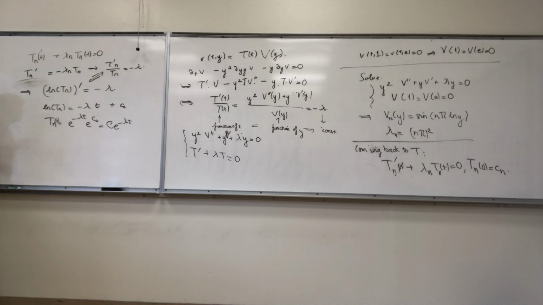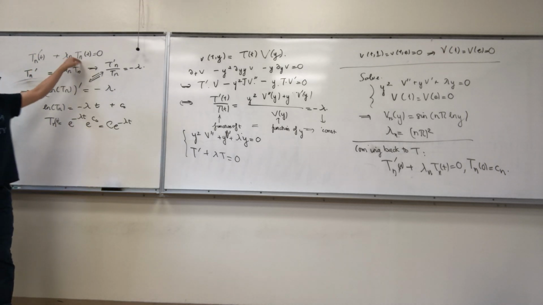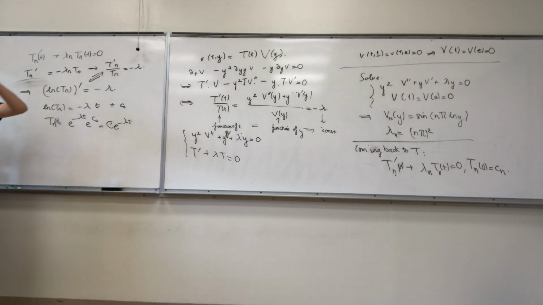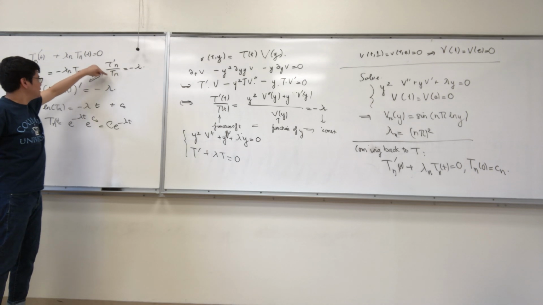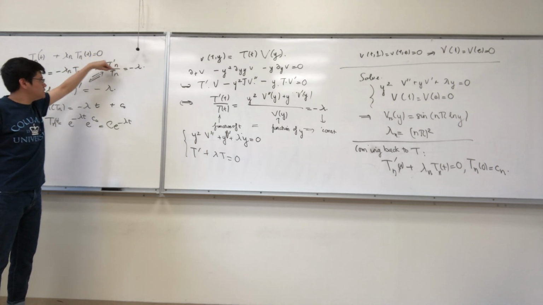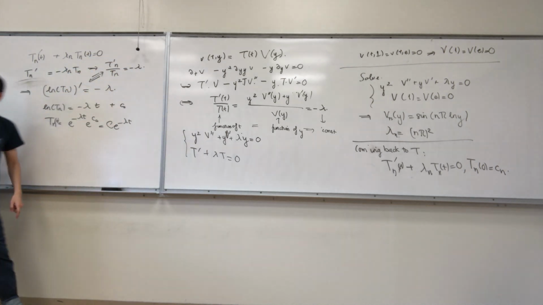All right? So I have T n prime plus lambda n T n is 0. This is a first order differential equation, and we solved it several times in our class. So you have T prime is minus lambda n T n. You divide both sides by T n. So you have T prime over T is minus lambda, right?